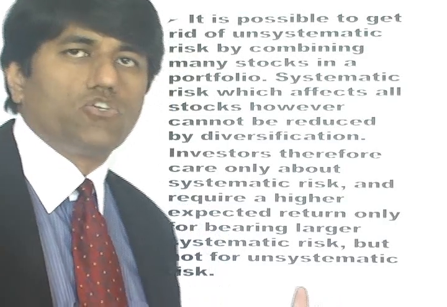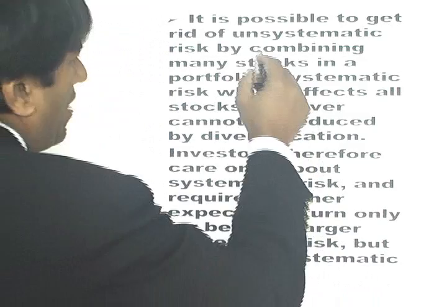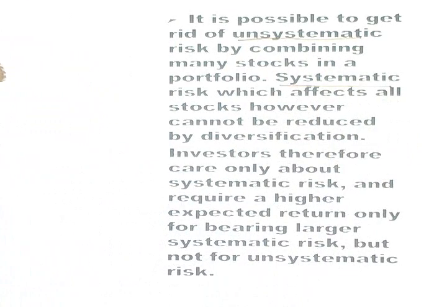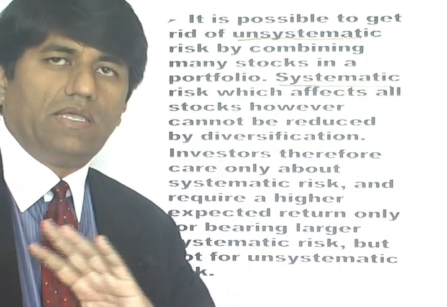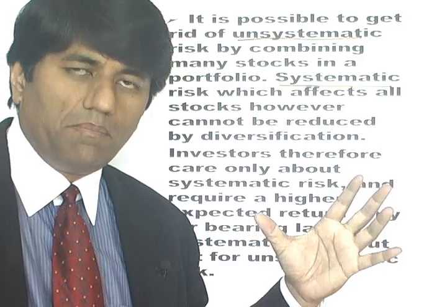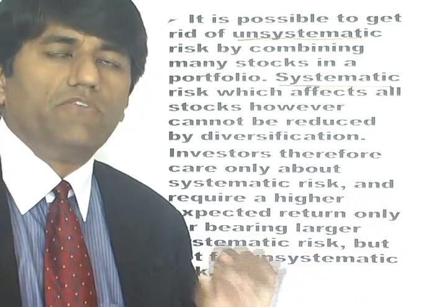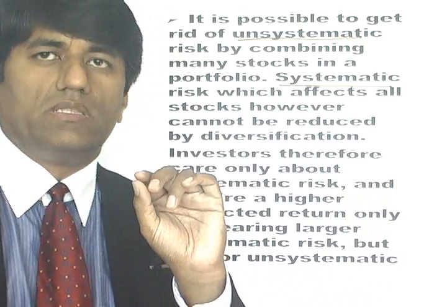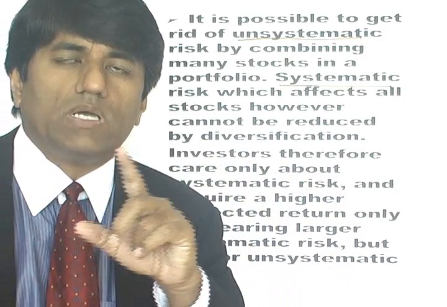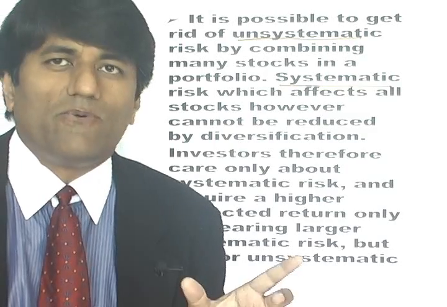So back to the different kinds of risk. There is unsystematic risk and there is systematic risk. Unsystematic risk you can get rid of by combining many different assets in a portfolio, so by diversifying. If you look at the standard deviation equation for a portfolio, you'll see that the individual deviation is multiplied by weight squared.